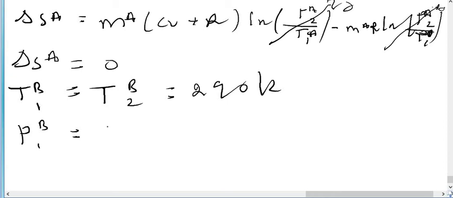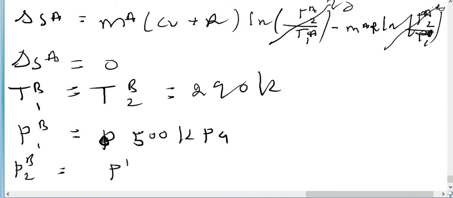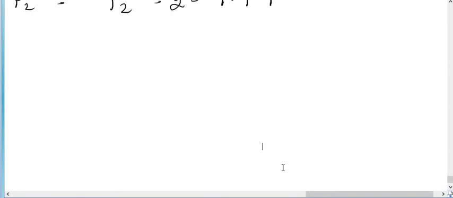PB1 is equal to 500 kilopascal. PB2 is equal to PA2, which is 200 kilopascal. So the pressure 2 in B is equal to pressure 2 in A. They should have the same pressure from the statement given.